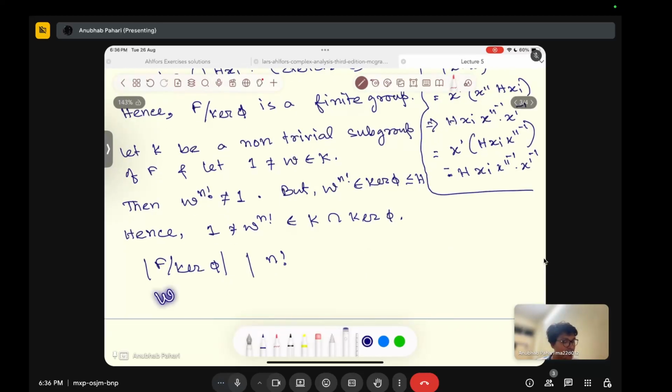So W to the power K should belong to kernel phi, right? No, let this order be L. The order of F by kernel phi is L. Then W bar to the power L belongs to kernel phi, right?